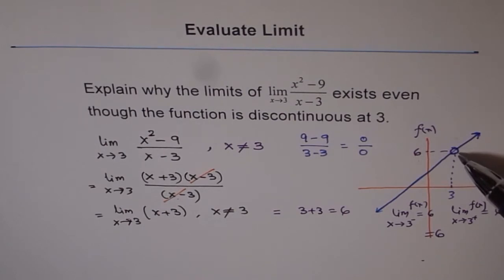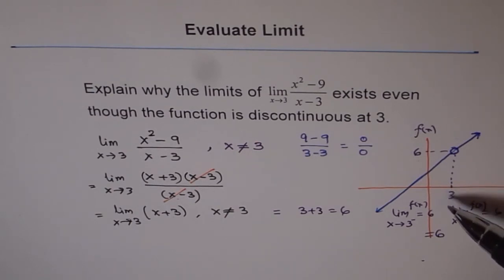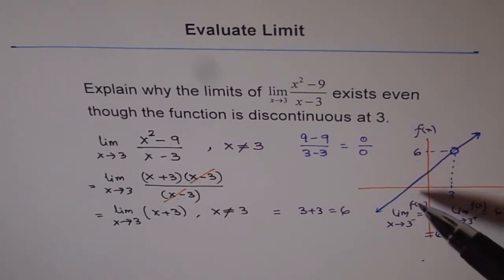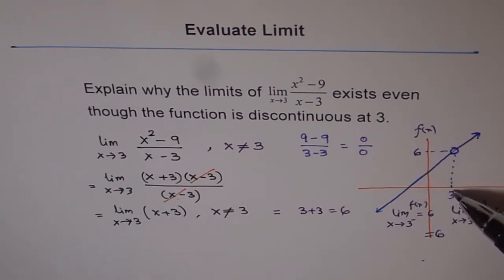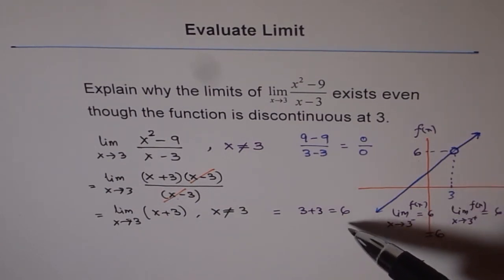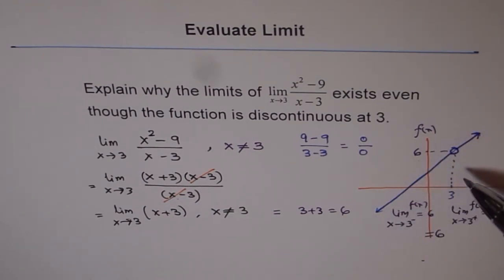It has a hole there. But limit is not the value of the function at that point. Limit is the value we approach when x becomes closer and closer to that value. So when x becomes closer to 3, we are approaching the value 6. Therefore, the limit exists and it is 6 for the given function.